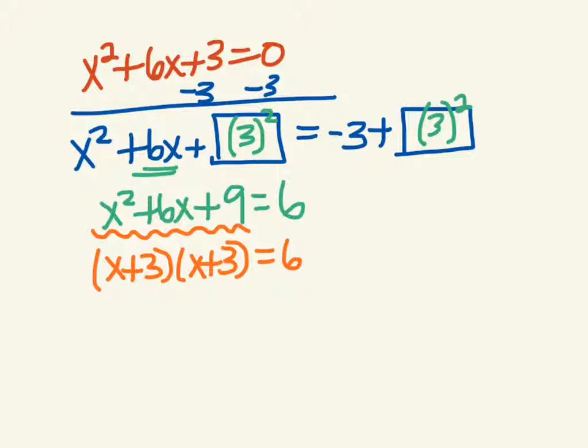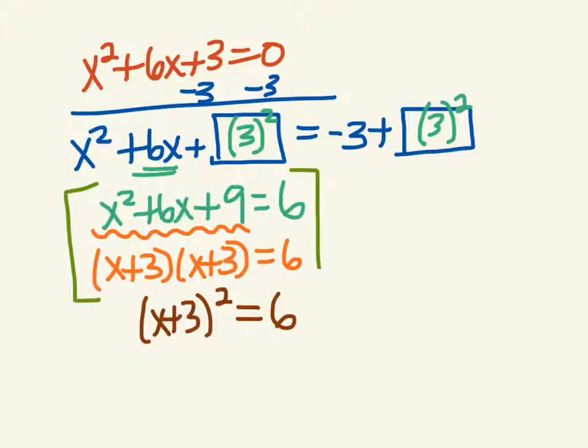We can rewrite it as x plus 3, the quantity squared, is equal to 6 on the right side. Now when I showed you this first in class, we talked about how these middle two steps, if you want to do them, because it makes you feel more comfortable, go ahead and do them. But really we can take a nice little shortcut when we do this from this step here down to this step.